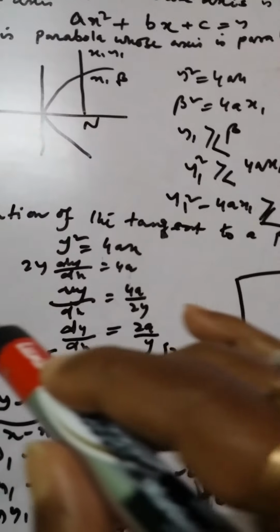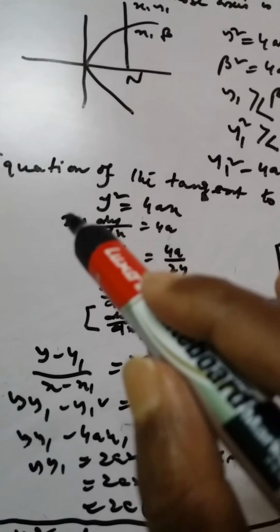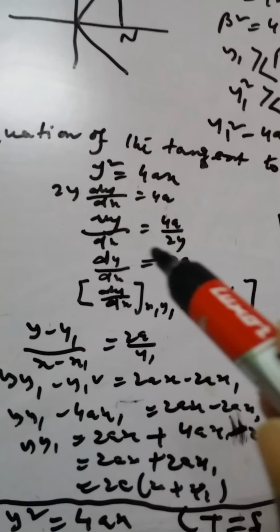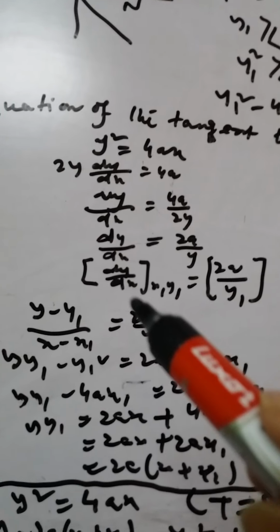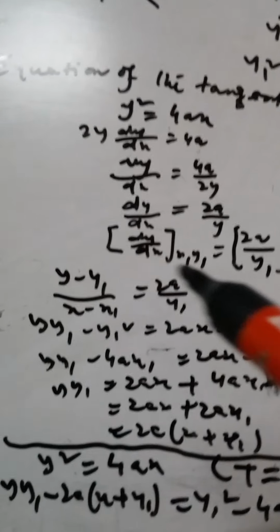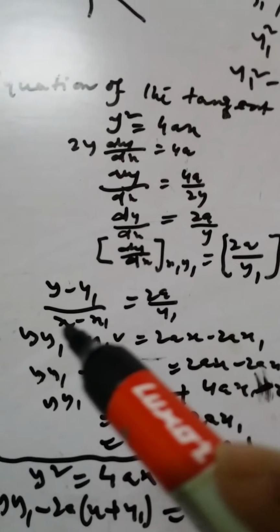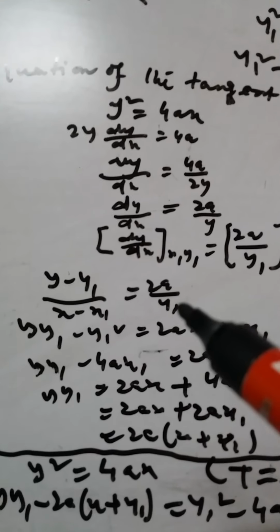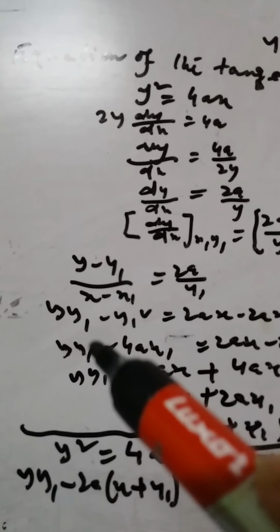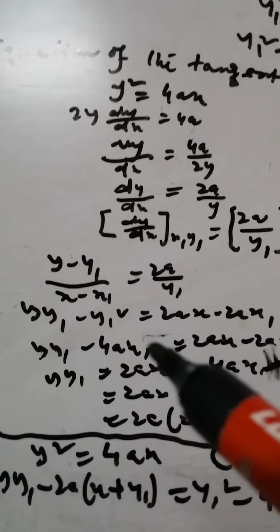Now the equation of the tangent to the parabola y square equal to 4ax: after differentiation on both sides we get dy by dx equal to 4a by 2y, so at the point (x1, y1) the slope is 2a by y1. Then the equation of the tangent is y minus y1 by x minus x1 equal to 2a by y1. Multiply both sides by y1: y y1 minus y1 square equals 2a x minus 2a x1.